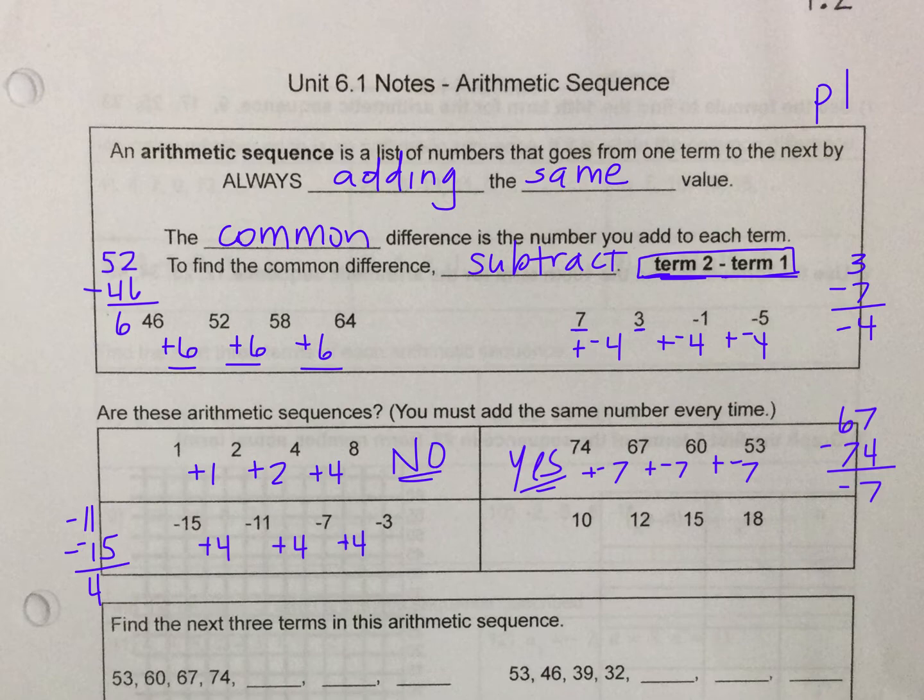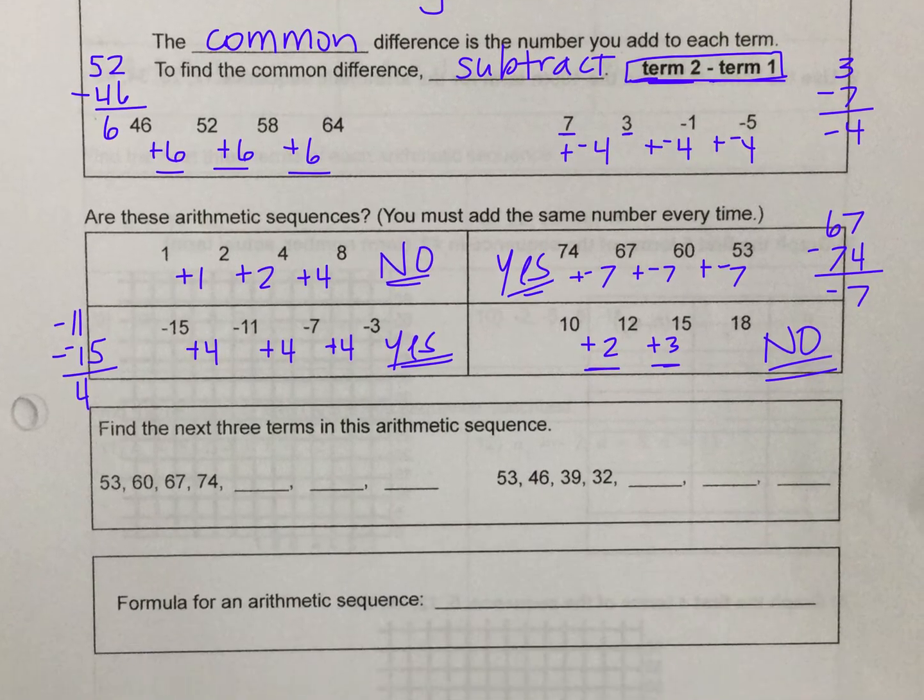Negative 7 plus 4 is negative 3. Yes, this is a sequence. Let's see. To go from 10 to 12, I add 2. To go from 12 to 15, I add 3. Okay, look, they're already different, so I can stop. No, that is not a sequence.